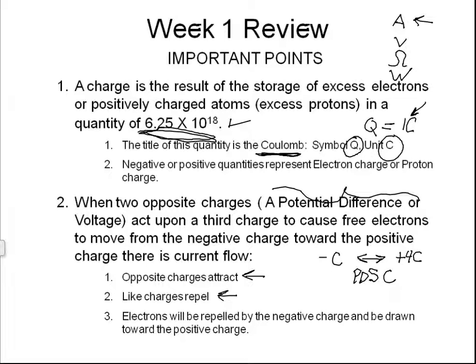And so in a complete circuit, where you have, let me throw in a new page here real quick, where you have a plus and minus charge, and then you're running a third charge between them, the electrons in this third charge are going to be repelled by the negative side of your charge, and we'll just make this a battery. There we go, we got a 2-cell battery there.